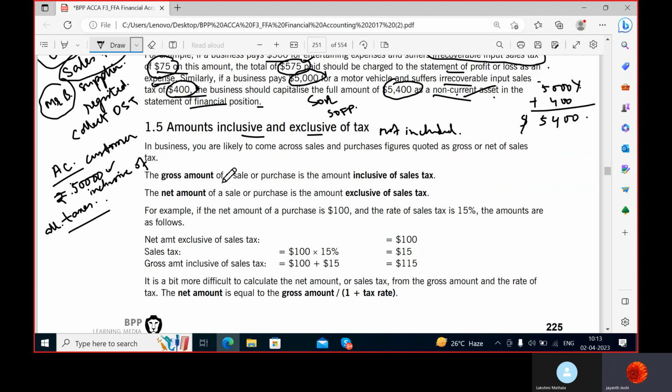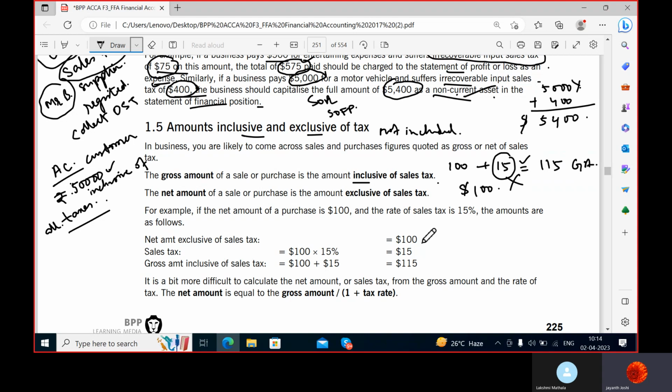The gross amount of a sale or purchase is the amount inclusive of sales tax. Suppose the cost of a particular thing is $100 and the tax element is $15. If we show a cost of 115, this will be termed the gross amount, and the gross amount is inclusive of sales tax. The net amount is $100, which is exclusive of sales tax.